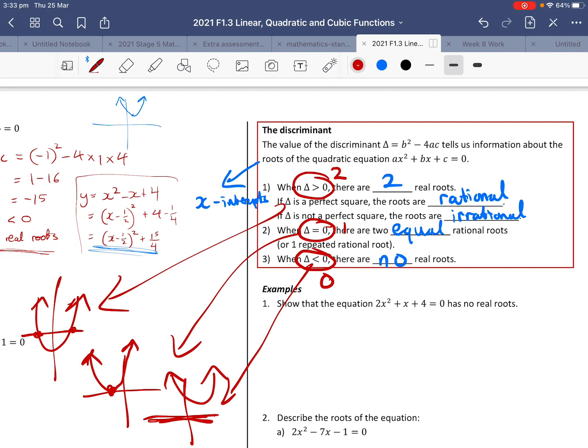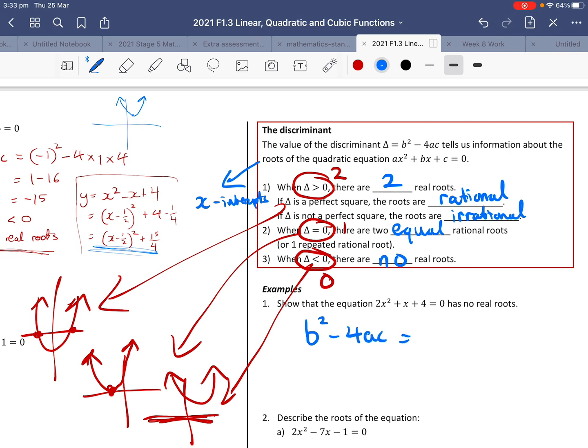So, our examples show that the equation 2x squared plus x plus 4 equals 0 has no real roots. To have no real roots, we've got to find that the discriminant is less than 0. So let's find it. All we need to do is find b squared minus 4ac.